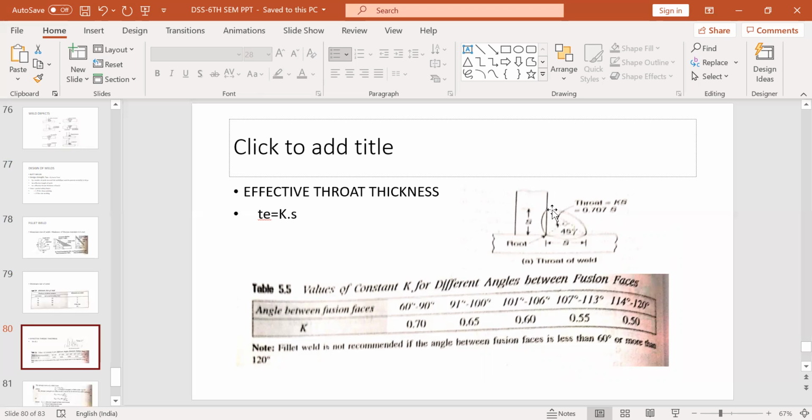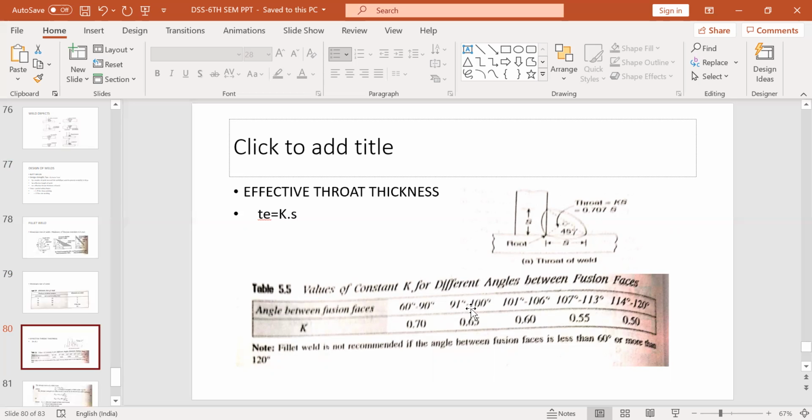Sometimes the leg may not be connected perpendicular, it might be inclined at some angle. The angle of inclination should always lie between 60 and 120 degrees. Fillet weld is always recommended for an angle of fusion between 60 to 120 degrees. If it is more than that, then we go for other welds.